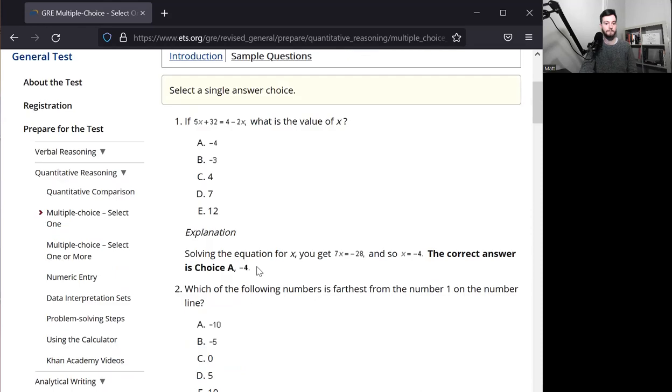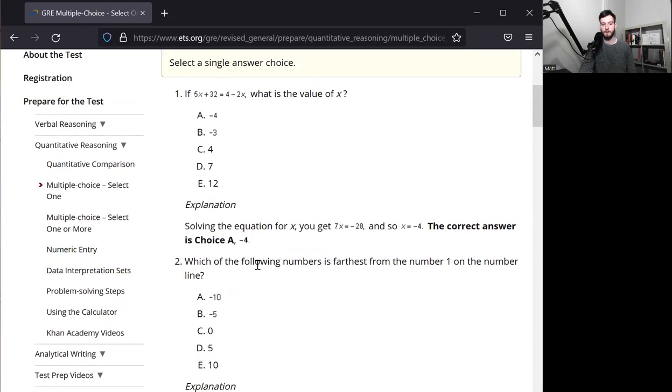Okay, let's keep going. It says, which of the following numbers is farthest from 1 on the number line? So imagine a number line. Well, the 1 is slightly to the right of the 0 on the number line.